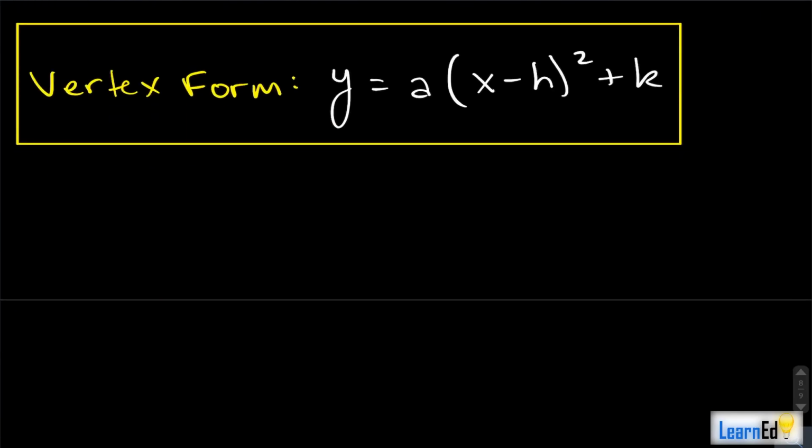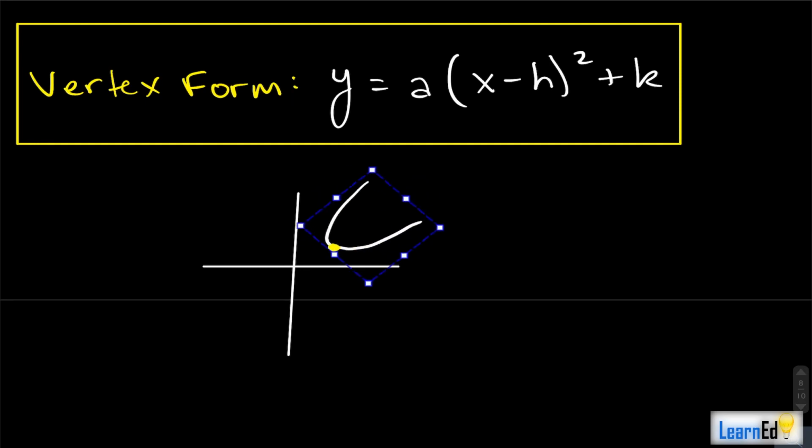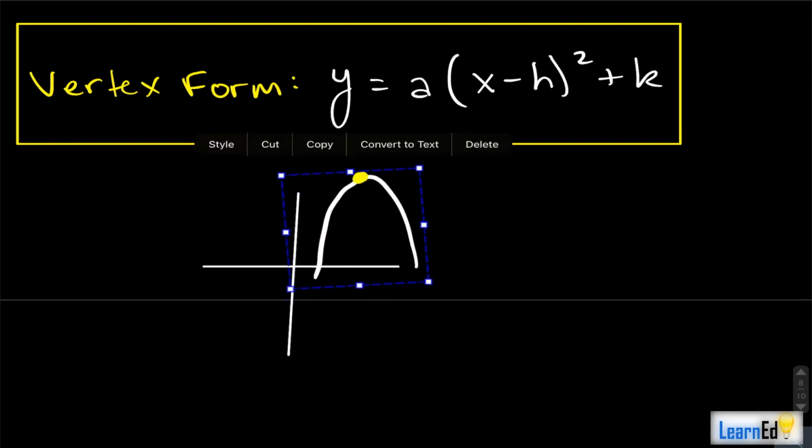Well, the vertex of a parabola, let's just say we have some graph here, and we have some parabola. Okay, that's actually not a good parabola for this example. The vertex is this turning point of the parabola. It's kind of like the peak, and you can see it more easily as a peak if I take this and rotate it.